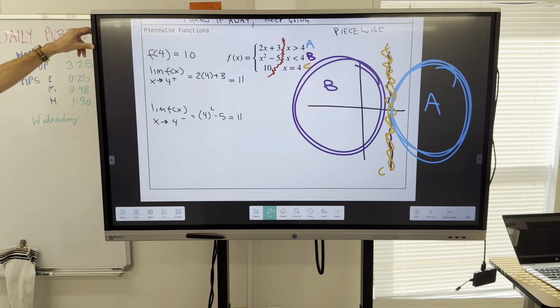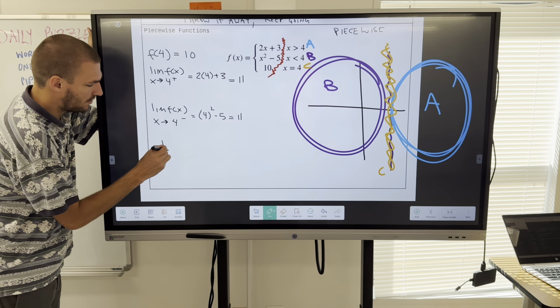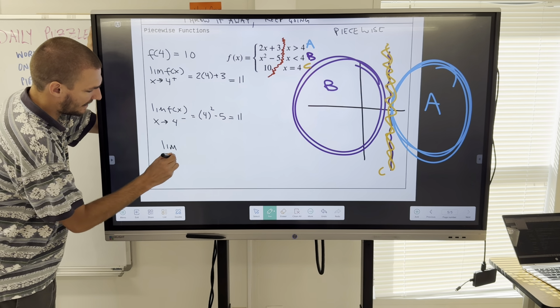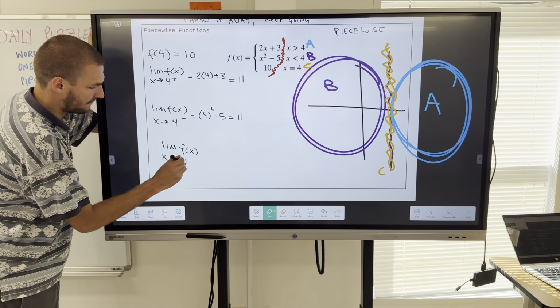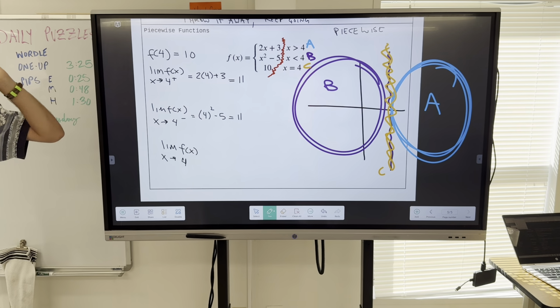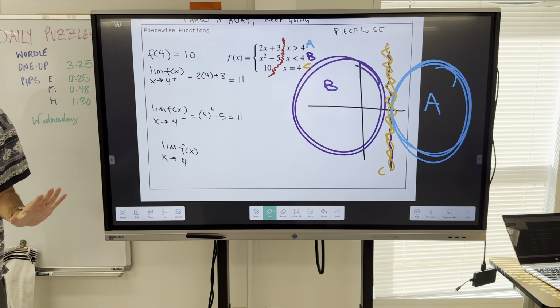Okay. What if I wanted to know the limit of f of x as x goes to 4 with no minus and with no plus?